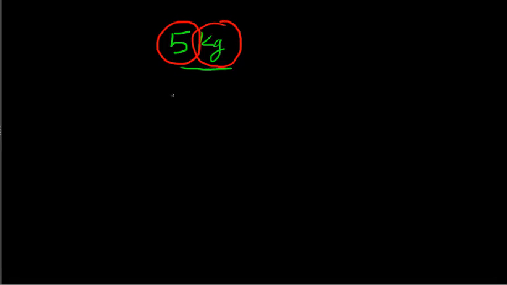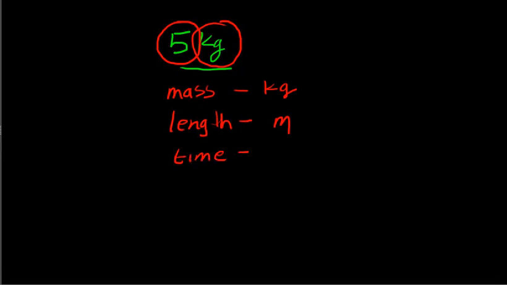Some examples of scalar quantity are mass, whose SI unit is kg. Another example is length, the SI unit is meters. Time, SI unit is seconds.